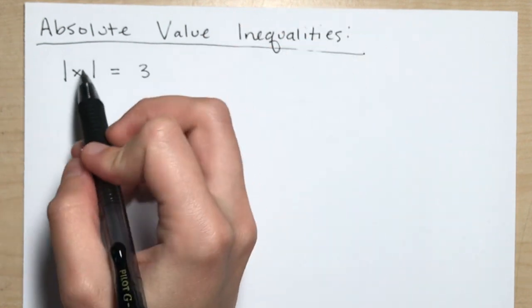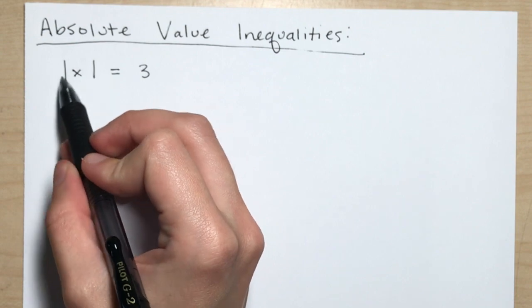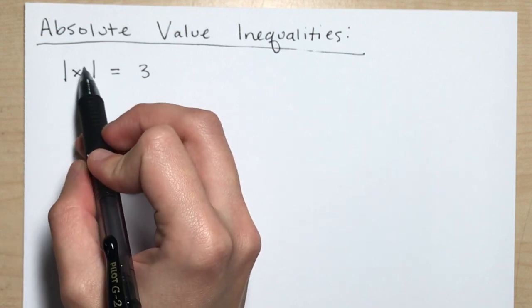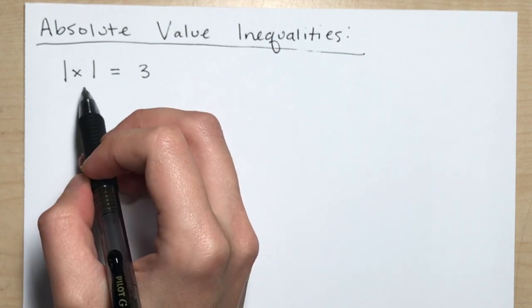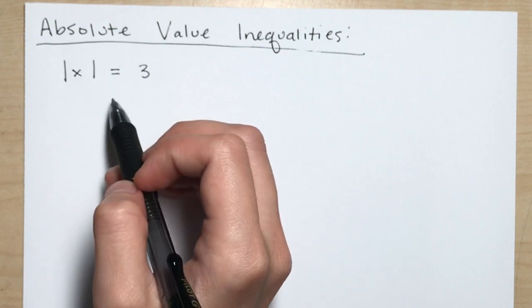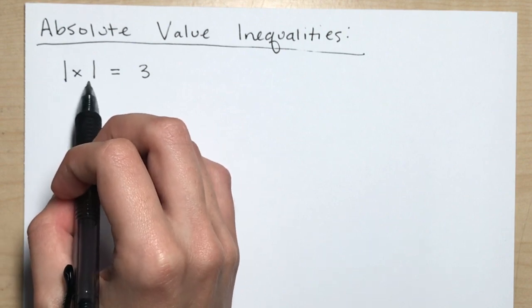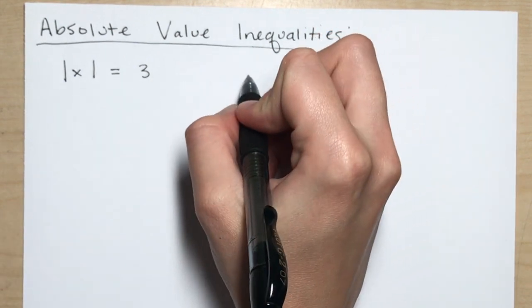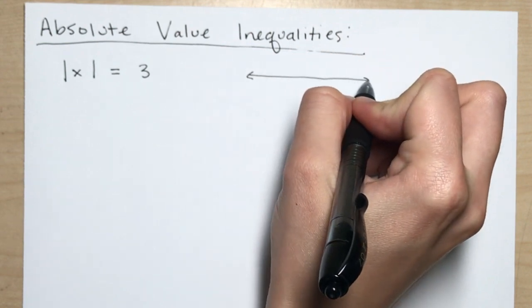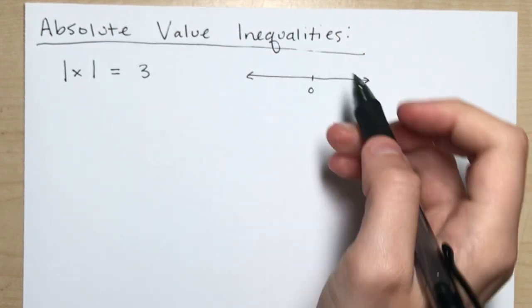Remember, our definition of absolute value was the distance between x and 0, the distance between whatever is inside and 0. So this statement means that the distance between x and 0 is 3. Let's look at that on a number line. So the distance between 0 and x is 3.